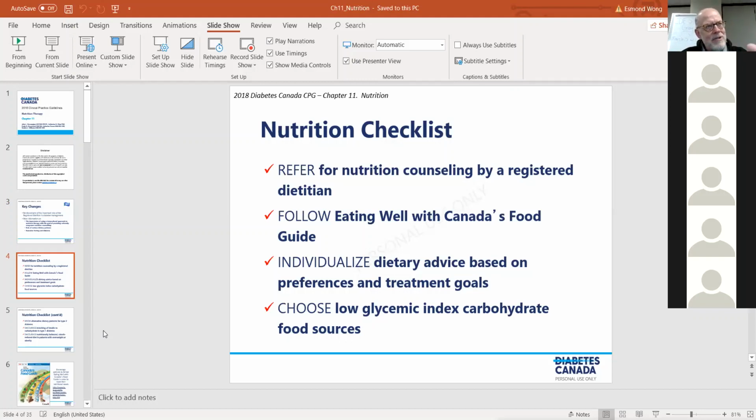There might be trick questions on there too, where you're asked to judge which of these foods is the lower glycemic index, and it might be an apple versus whole wheat bread, and you're kind of going, those aren't directly comparable.